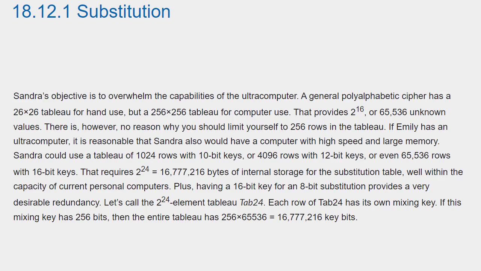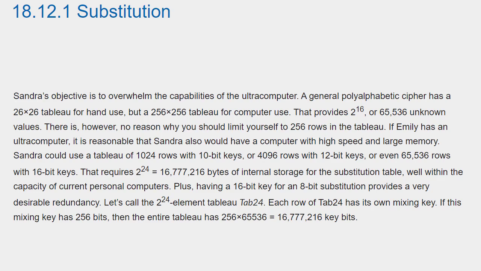A general polyalphabetic cipher has a 26 by 26 tableau for hand use, but a 256 by 256 tableau for computer use. That provides 2 to the power 16, or 65,536 unknown values. There is, however, no reason why you should limit yourself to 256 rows in the tableau. If Emily has an ultracomputer, it is reasonable that Sandra also would have a computer with high speed and large memory.